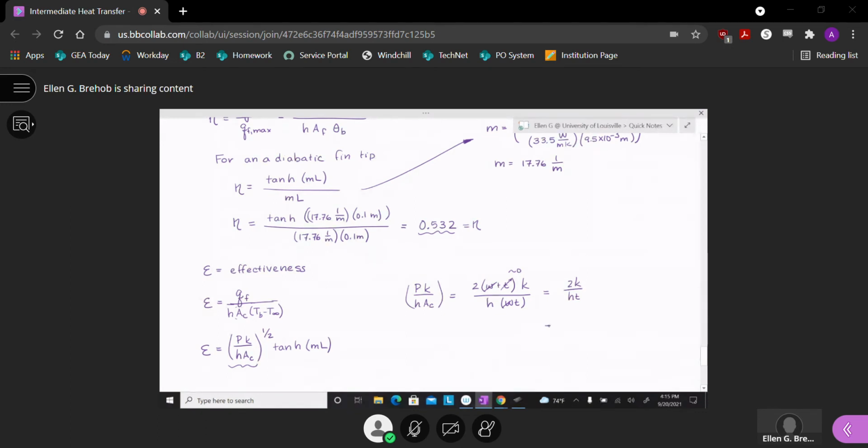If I plug in numbers, this one ends up being unitless, so no units to carry along with this one.